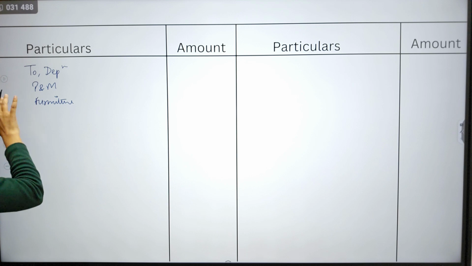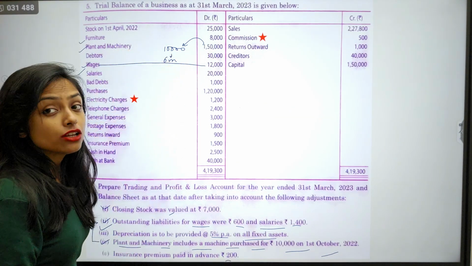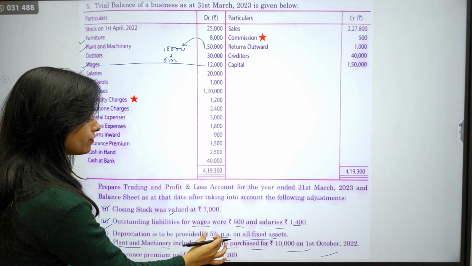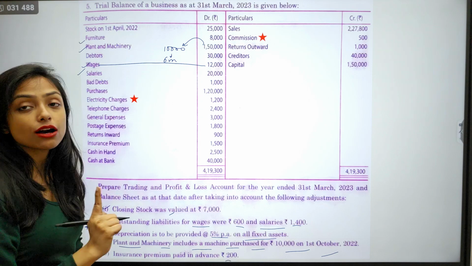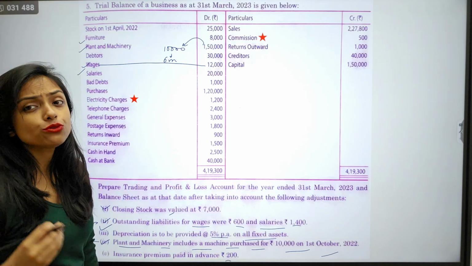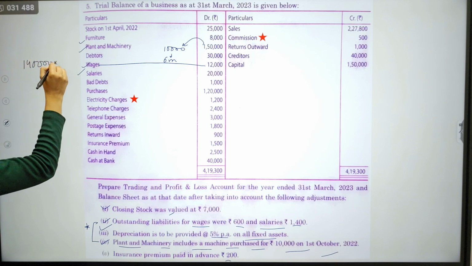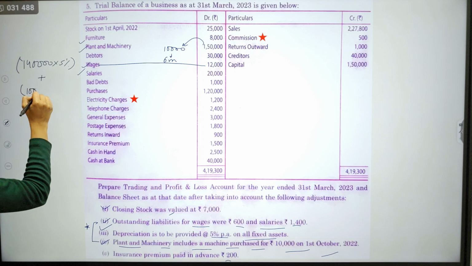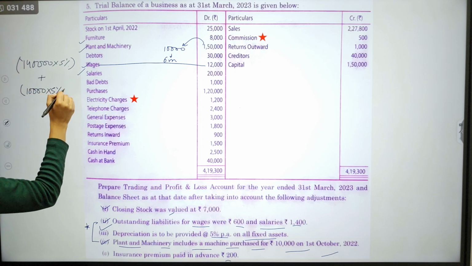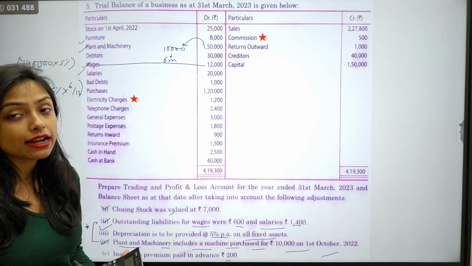So if I say plant and machinery is 1,50,000, so on 1,40,000 rupees we will provide the whole 5% of depreciation. But on the rest of this 10,000 rupees, we'll provide it only for 6 months. How are we going to do it? 1,40,000 into 5% plus 10,000 into 5% into 6 by 12. This is going to be the depreciation of my plant and machinery.